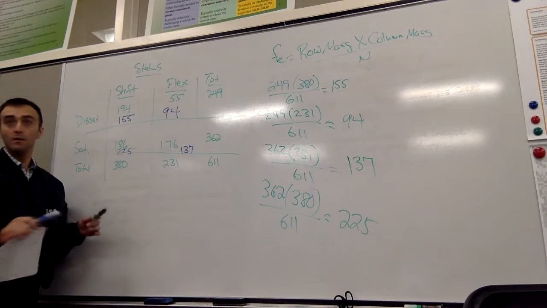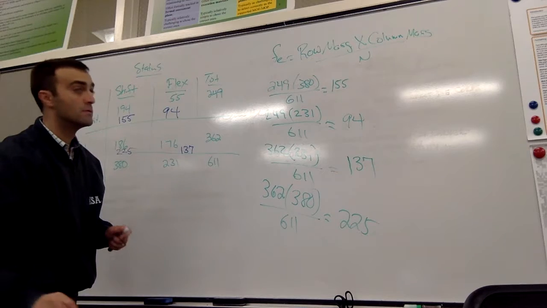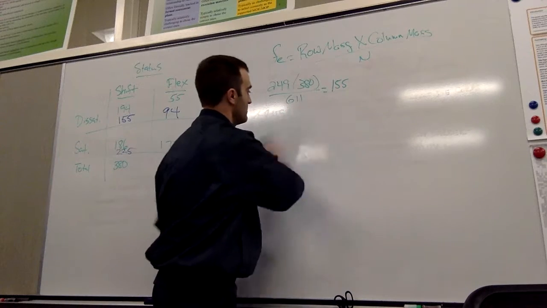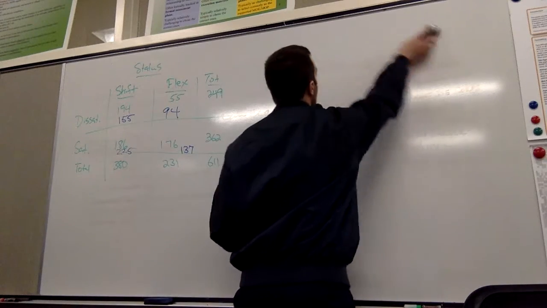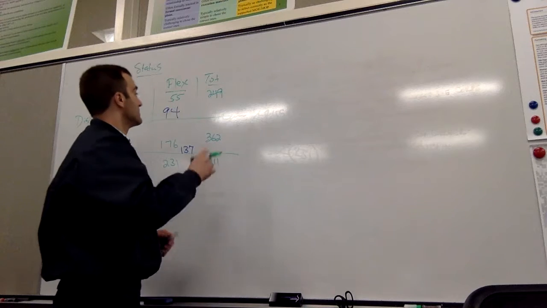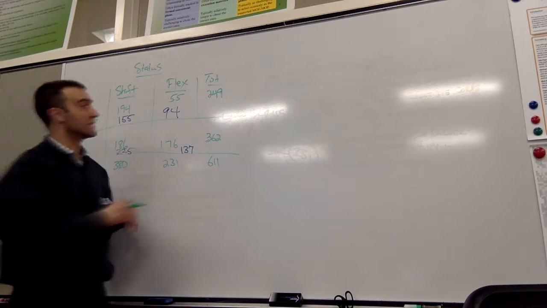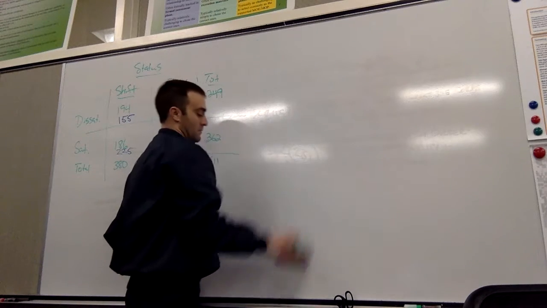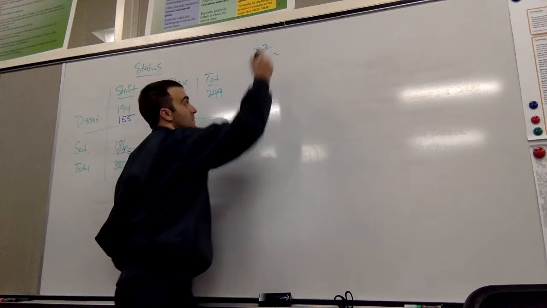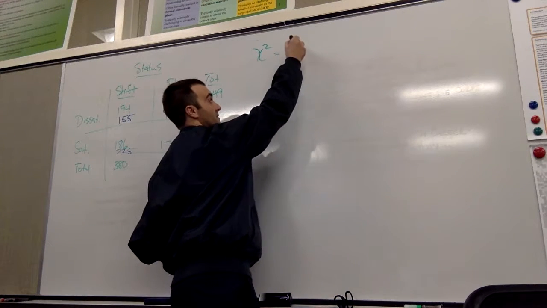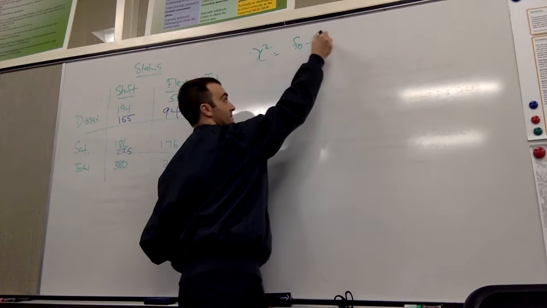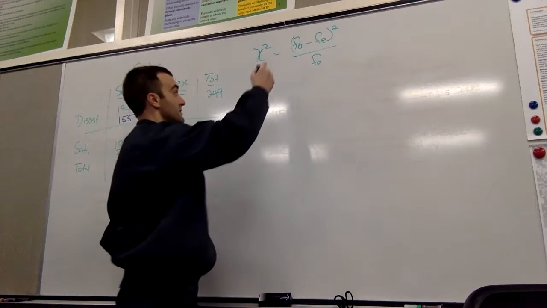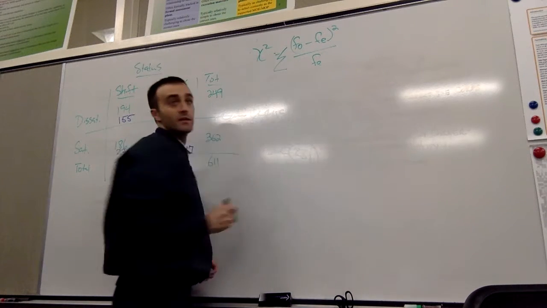Questions on getting the expected values? Now to determine if there's a statistical significance, you have to calculate the chi-square statistic. What you do is you take the observed value minus the expected value, square the difference, divide by the expected, do this for all the cells, and then add them up.